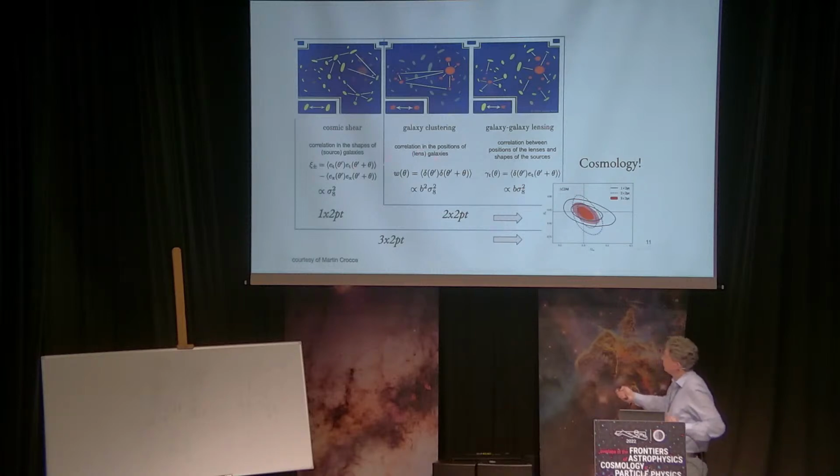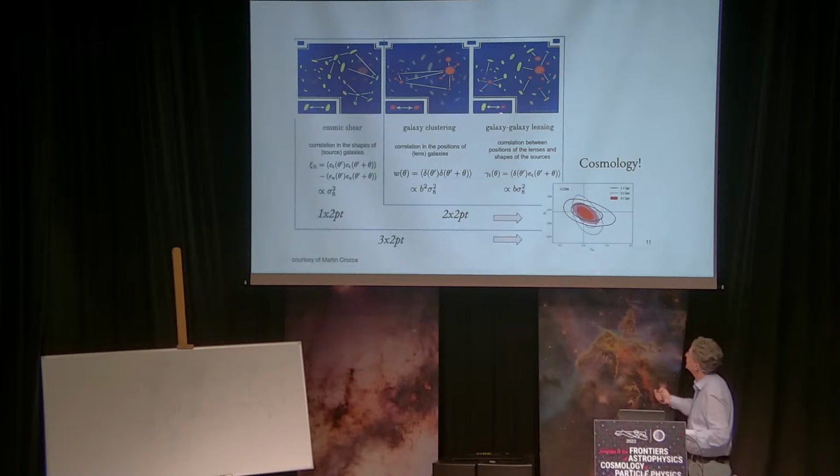Then you also have, forget about the shear, the galaxy, and you can do galaxy clustering, and this will of course depend on the bias of the galaxies, and will also depend on the power spectrum square. But you can also cross-correlate the galaxy with the galaxy lensing. So it's basically the cross between these two, and that will scale as b sigma 8 square.